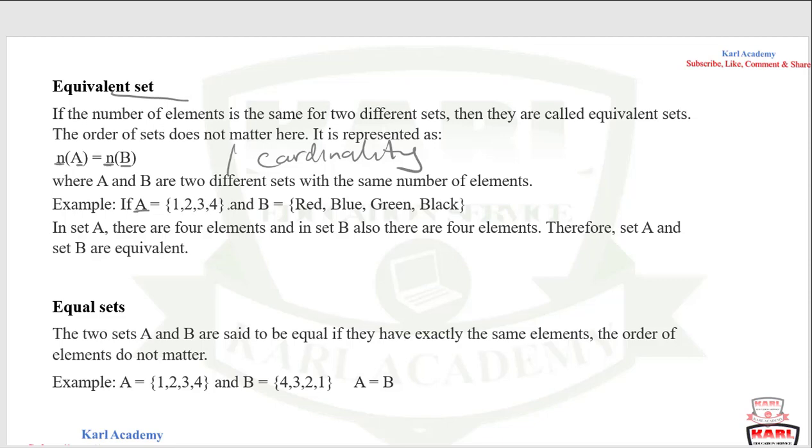These are 4 elements in set A. Then set B contains red, blue, green, black, a set of colors. So you'll find that the elements here are 4, and the elements here are 4. So these are equal in number, and we say that these sets are equivalent to each other.